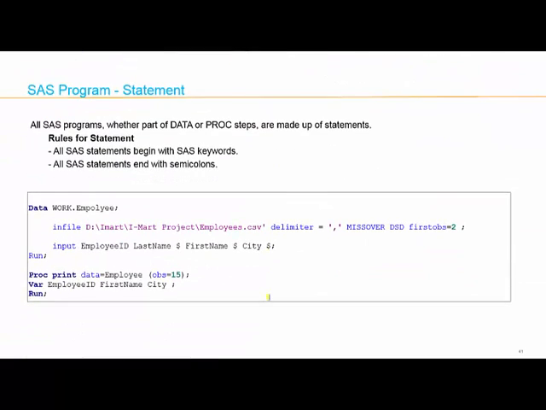One more thing: there is a sequence of statements in your SAS program. Any code you write within your data step or a proc step contains some statements. Here we're going to see how to understand when a statement has begun and when it has ended.